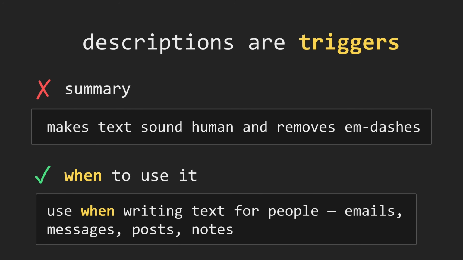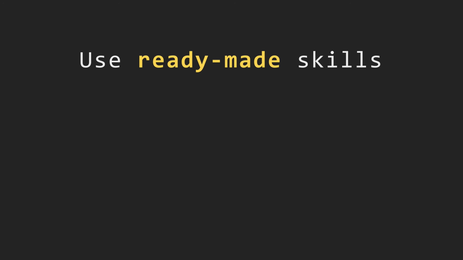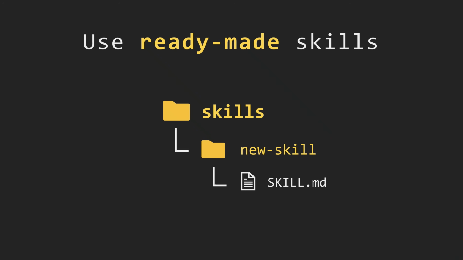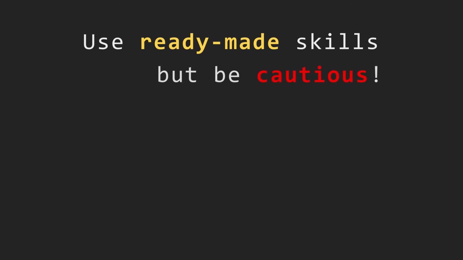Luckily, you don't have to build every skill yourself. Plenty of sites and marketplaces offer ready-made skills, prepared and tested by others. Getting one is as easy as dropping the folder into your directory or asking your AI to do it. I've listed the sources I used in the description. But be careful with external skills.